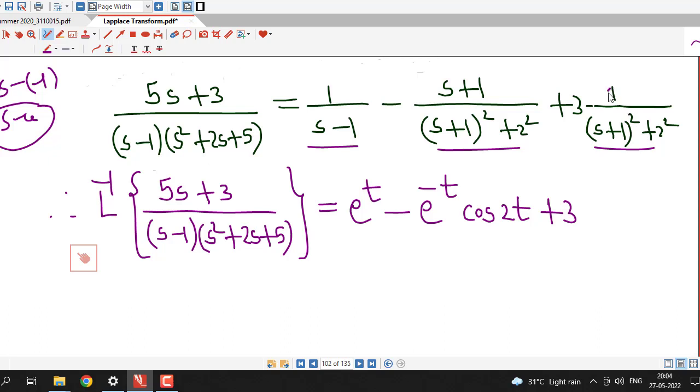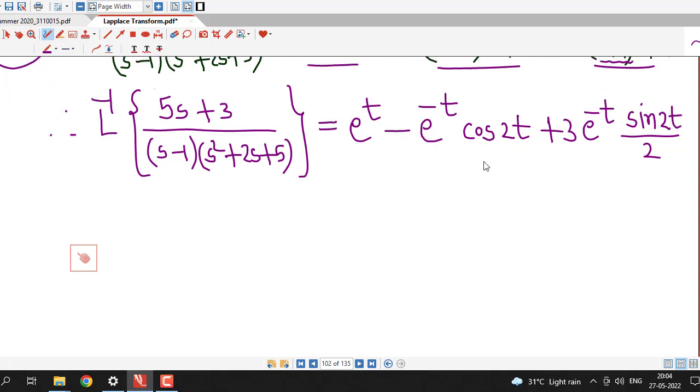So here we have constant 1, so this will correspond to the sine function. And we have s plus 1, so for s plus 1 we write e raised to minus t. And for 1 over s square plus a square we write sin at divided by a, that is 2. So this is the required inverse Laplace transform.